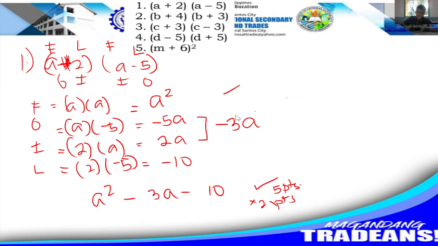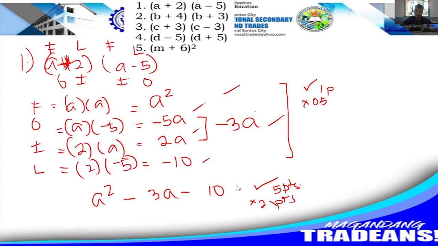Kapag mali po, 0.5. Pag tama, 1 point. Tapos, kapag mali naman po, 0.5. So, dito po banda yun siya, yung 1 point and 0.5. Tapos, itong 5 points dito sa correct answer and 2 points sa mali.